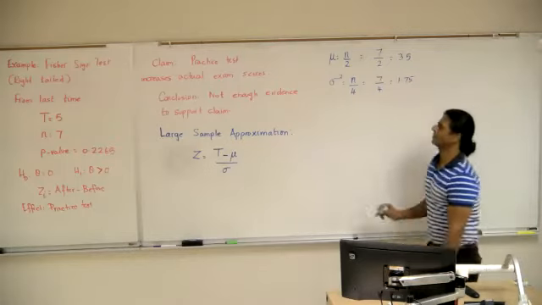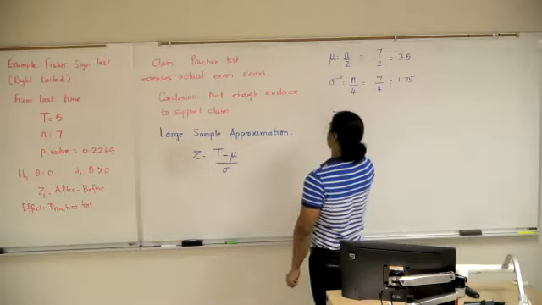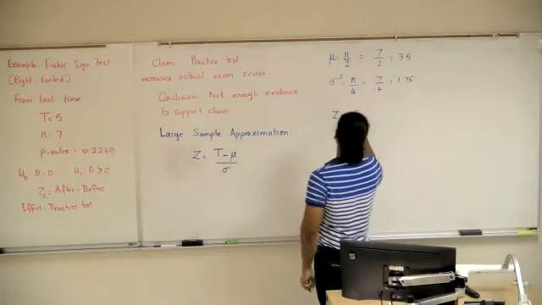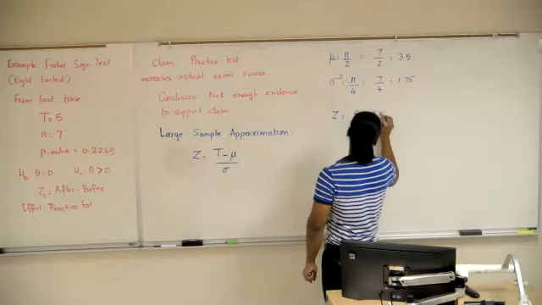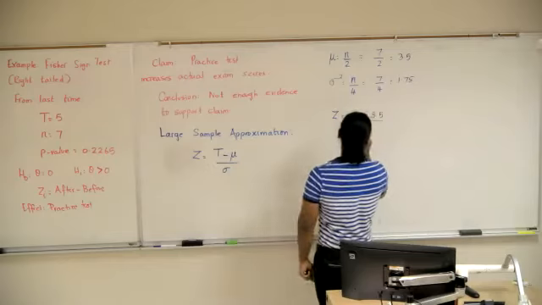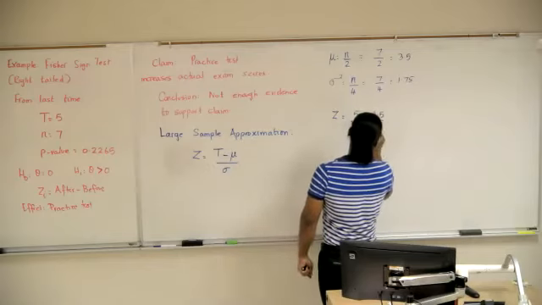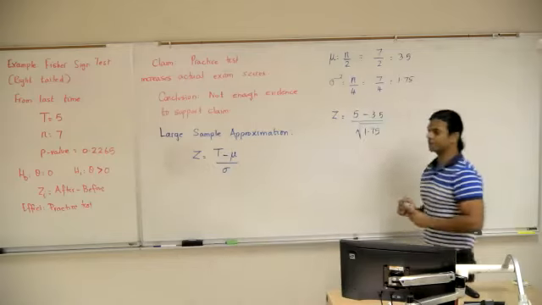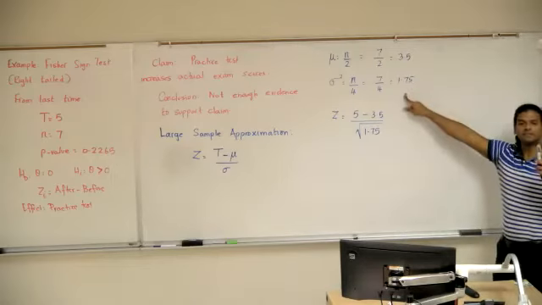So the Z-score, 5 minus 3.5 divided by, don't forget the square root of 1.75, because what we have is the variance.